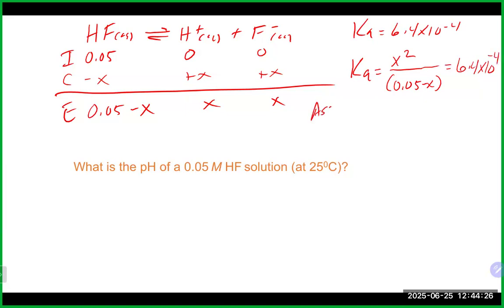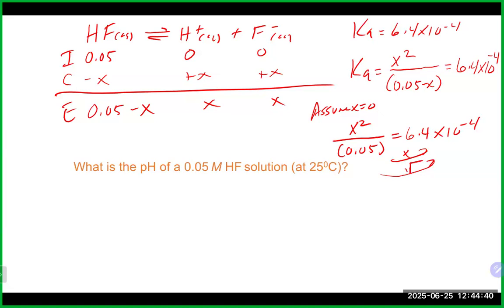We will assume X is equal to 0 here. That gives us X squared divided by 0.05 equals 6.4 times 10 to the minus 4. Once again, we multiply and then square root. If we do that, we end up with an X value of 0.005657.